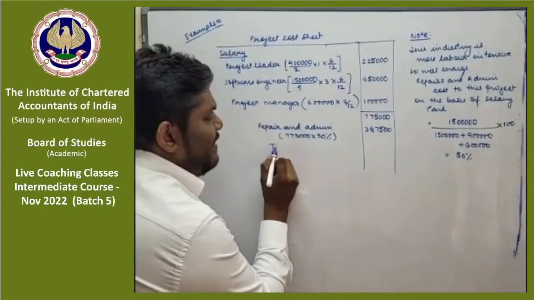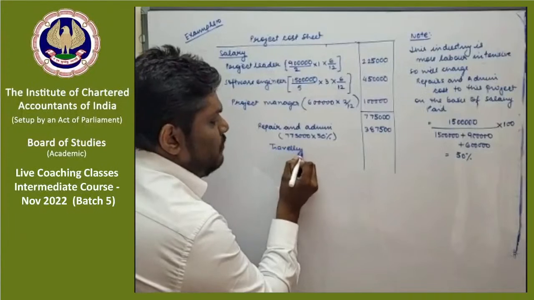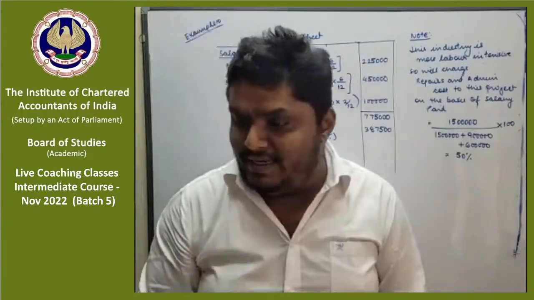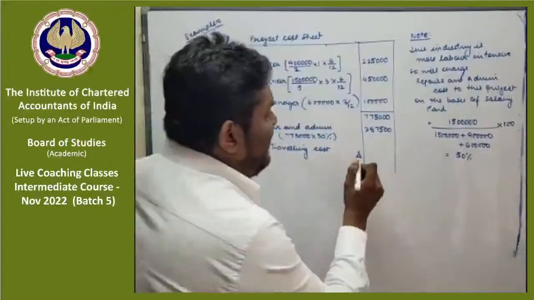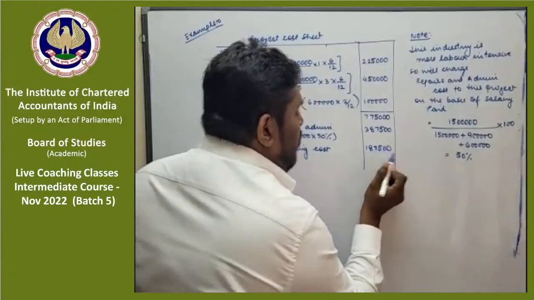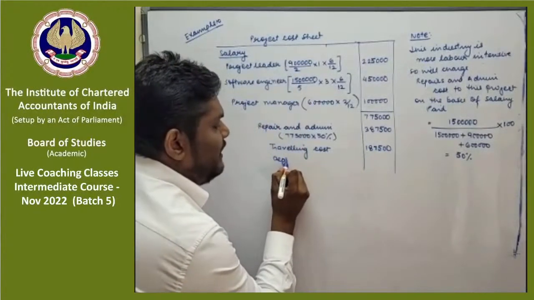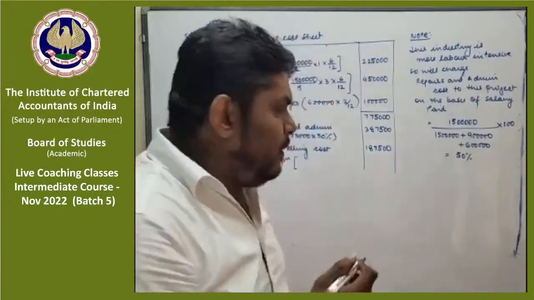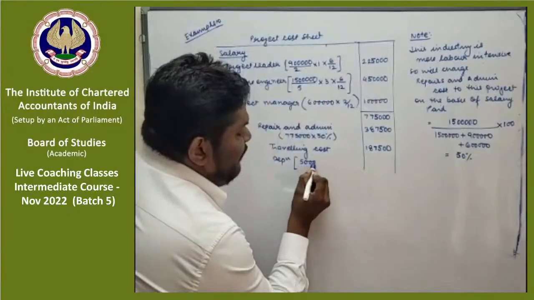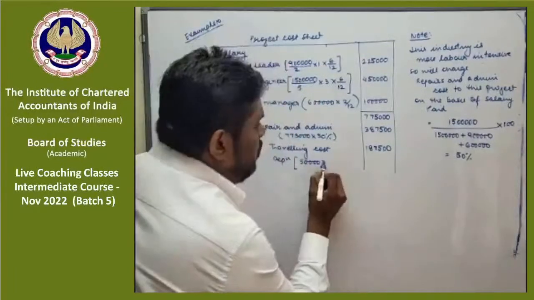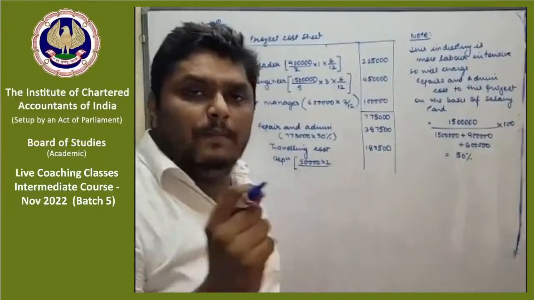Apart from this, the traveling cost is given specifically in the question, and that is 1,87,500. Further, we have to calculate the depreciation on laptops. Total 2 laptops were purchased. So 50,000 into 2, so the cost of laptops is 1 lakh.